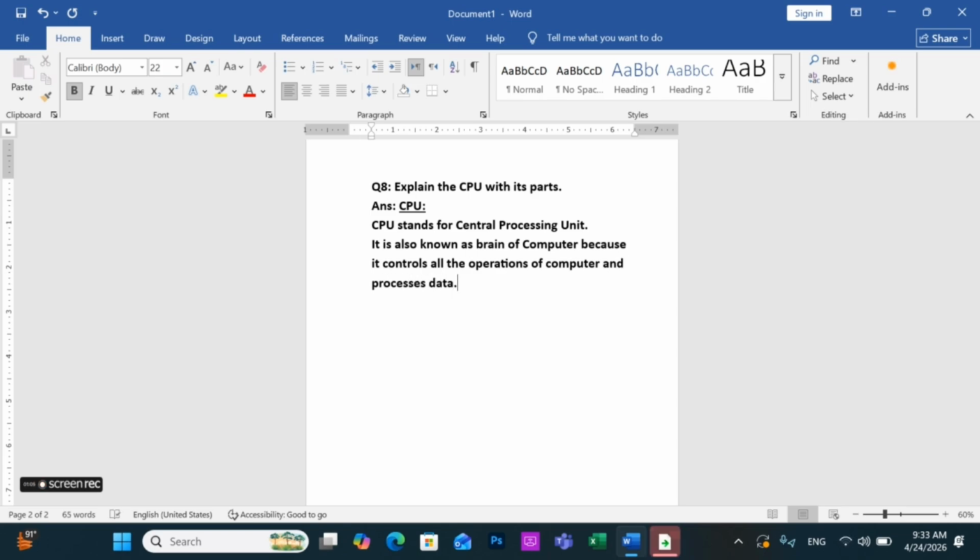Okay, and after that you have to write some points about the CPU, the functions of the CPU.